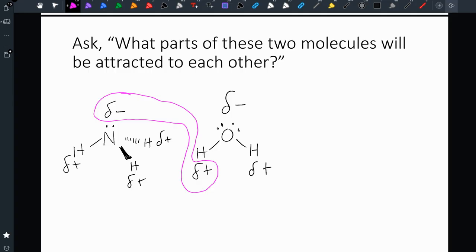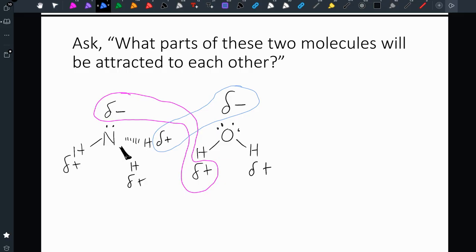Or I could imagine the oxygen being attracted to one of the hydrogens of NH3, also known as ammonia. So I'm going to identify those two possibilities, and then I'm going to think about what it would look like if we took one of those attractions to the extreme and we donated or shared electrons from negative to positive.